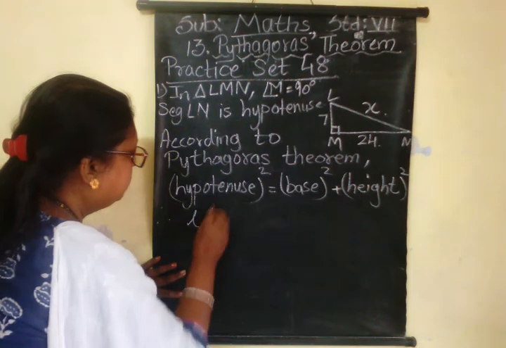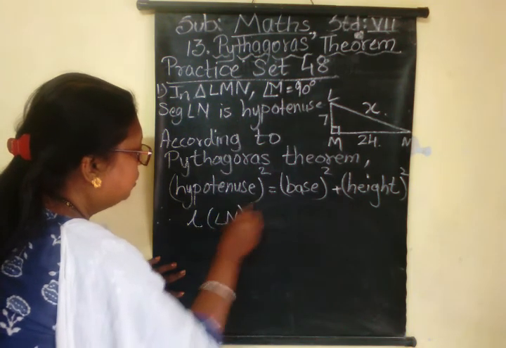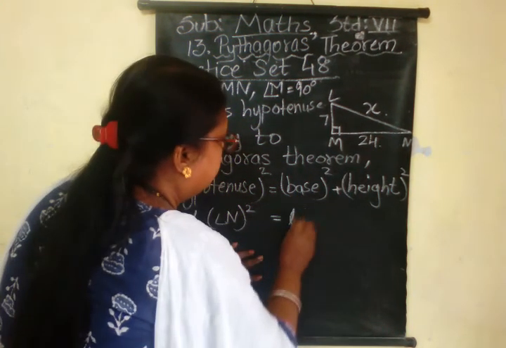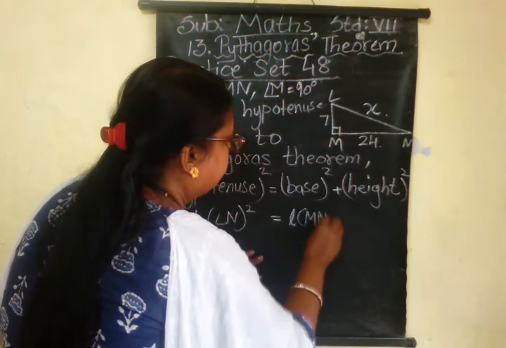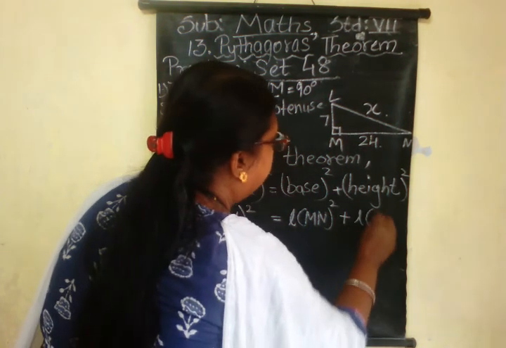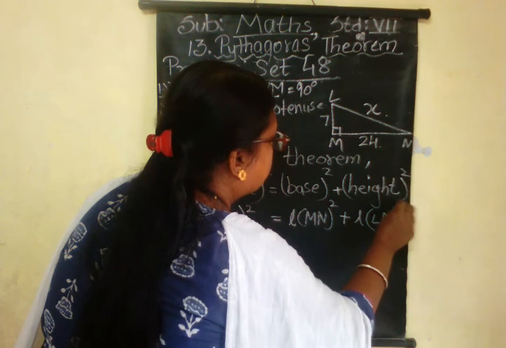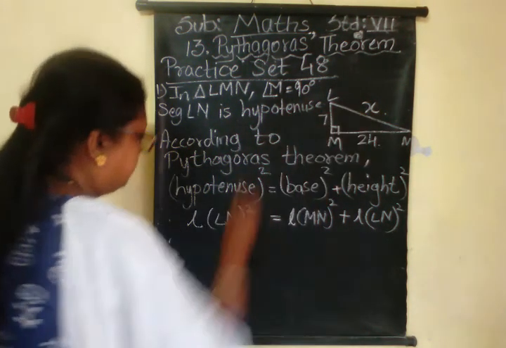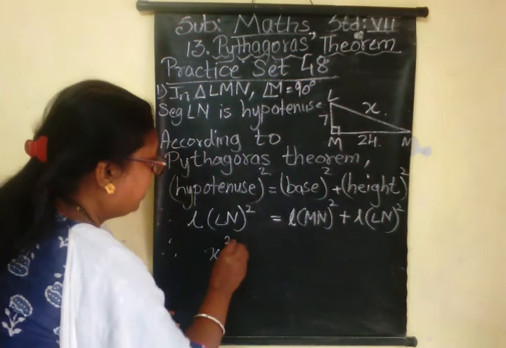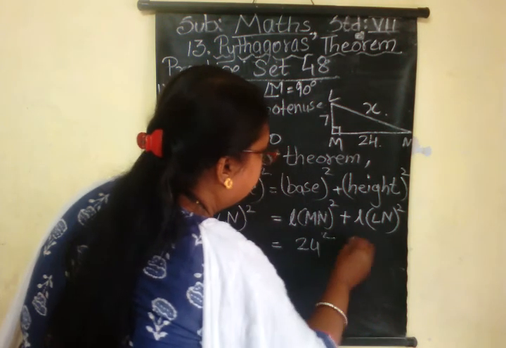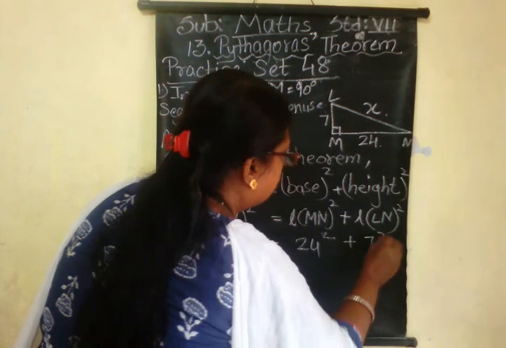So length LN the whole square is equal to, base is MN, length MN the whole square plus height is length LM square. Now we know LN is x, so I will write x square is equal to MN is 24 square plus LM is 7 square.